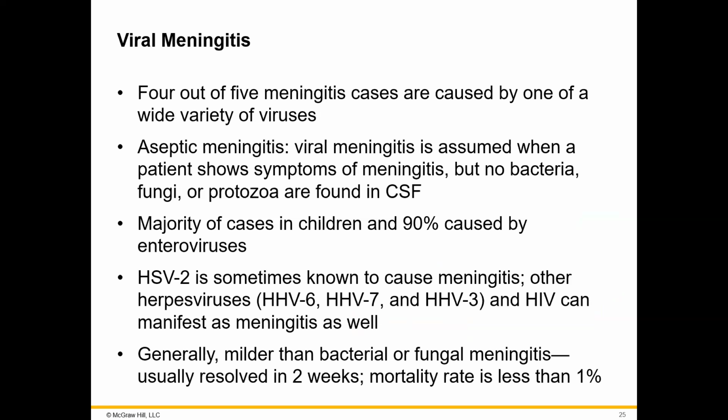That's pretty important to think about when we're talking about the frequency of meningitis. You're more likely to have it caused by a virus. The good news is that viral infections are generally milder than bacterial or fungal. They usually resolve in 2 weeks on their own, and the mortality rate is less than 1%. So if you're going to have meningitis, have viral.